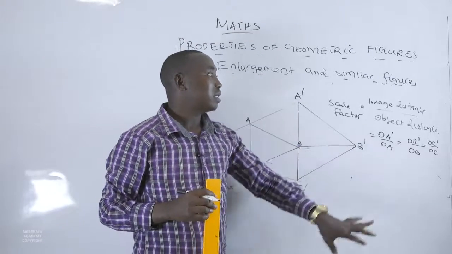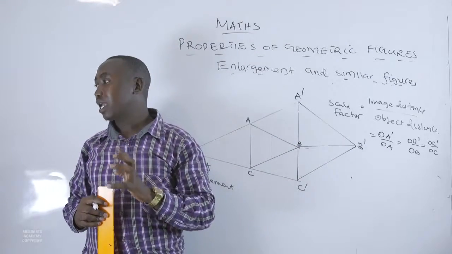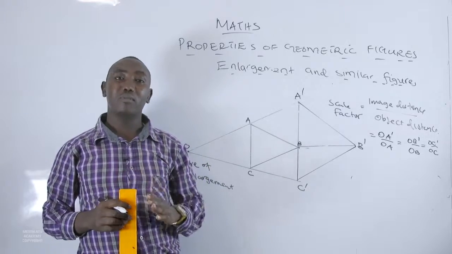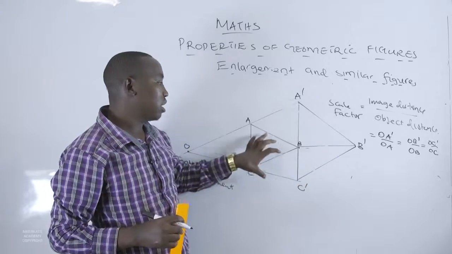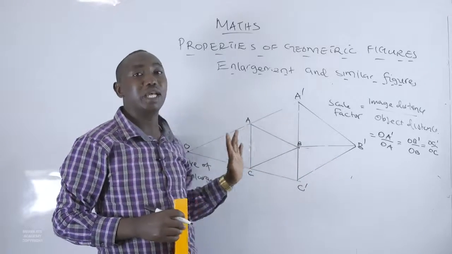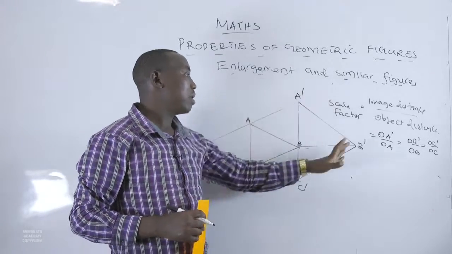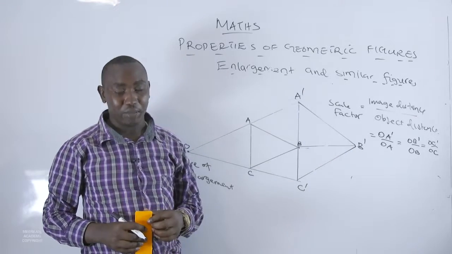This will give us the enlargement scale factor by which the object ABC has been enlarged to A prime, B prime, C prime.